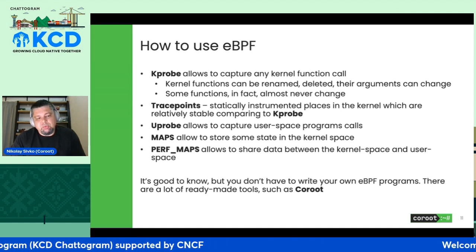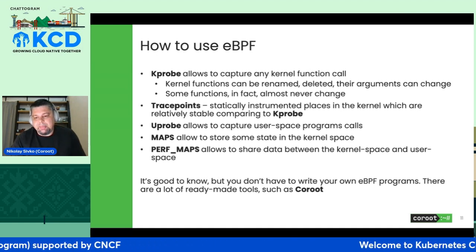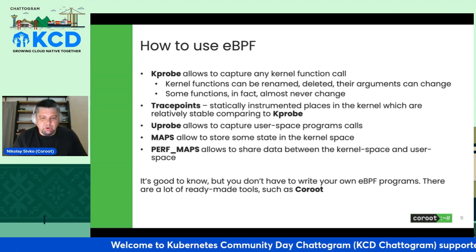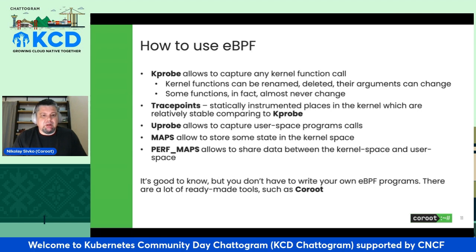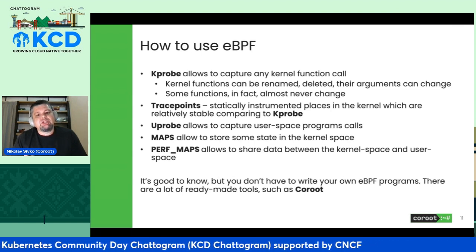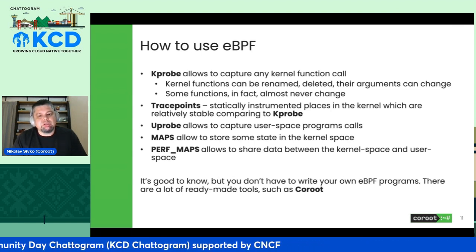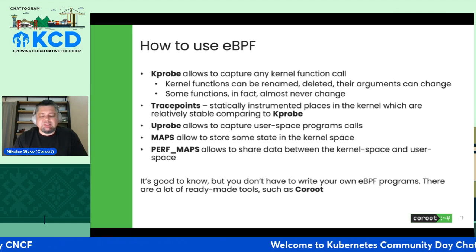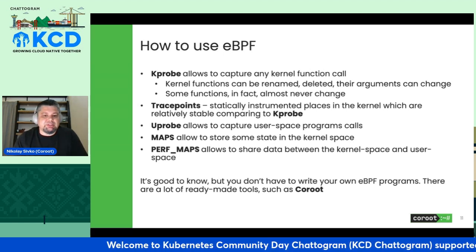Next, we have uprobes. Uprobes allow you to ask the kernel to call your eBPF program when some application-level function is called. For example, you can attach your program to the SSL write function of OpenSSL.